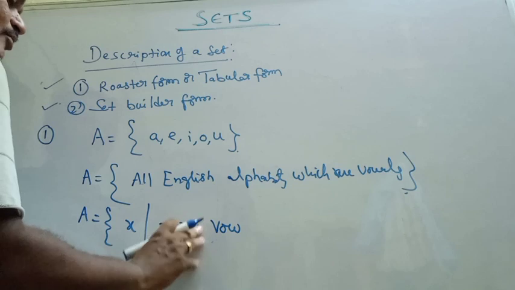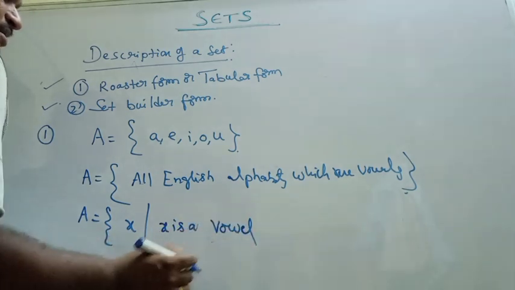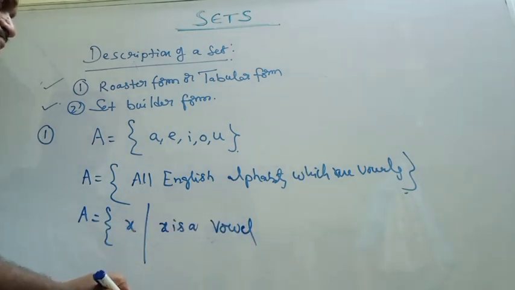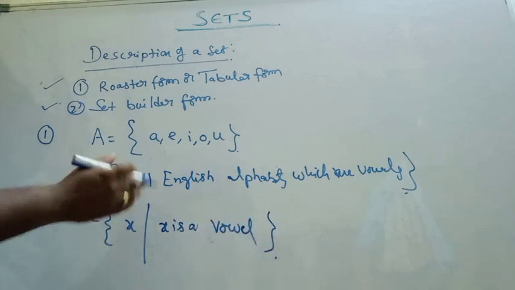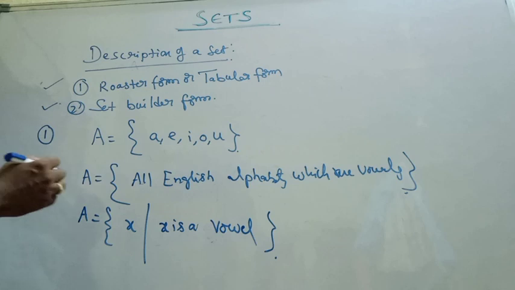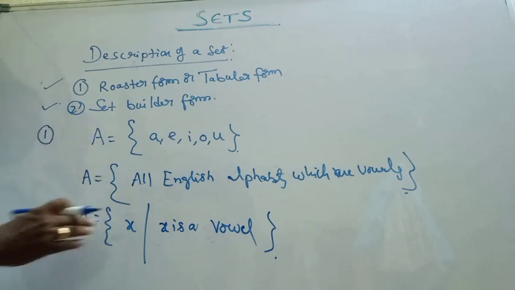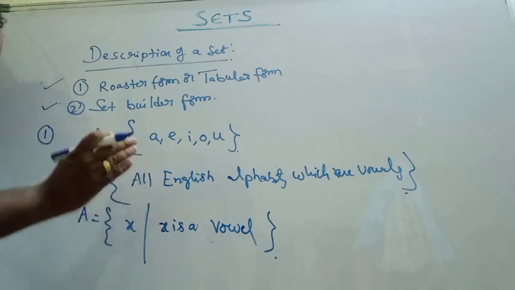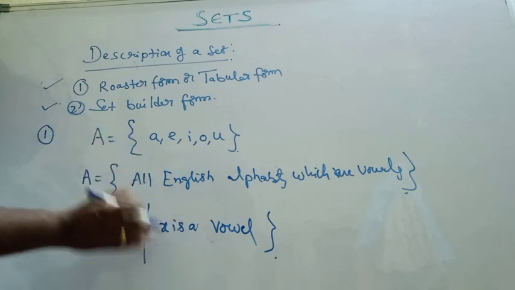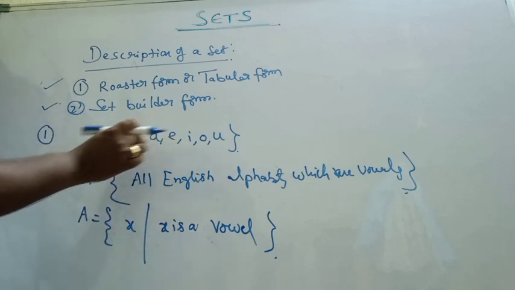That's all. These both carry the same meaning, and these three are the same. This is one thing represented in set builder form by just mentioning the property of that set.